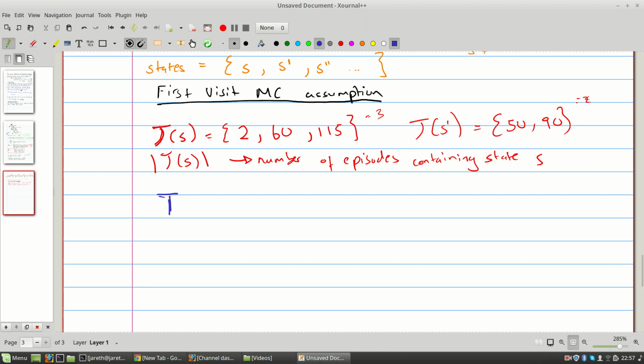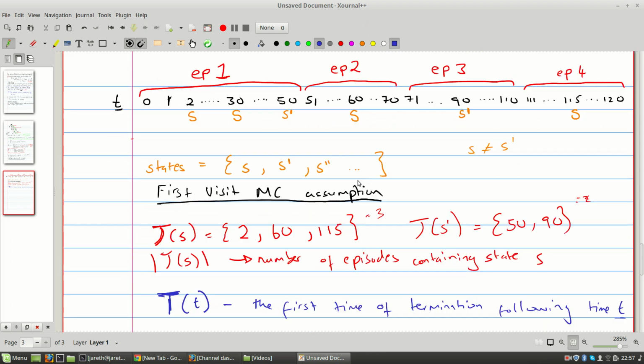We have a normal capital T, and this is going to denote the first time of termination following time t.